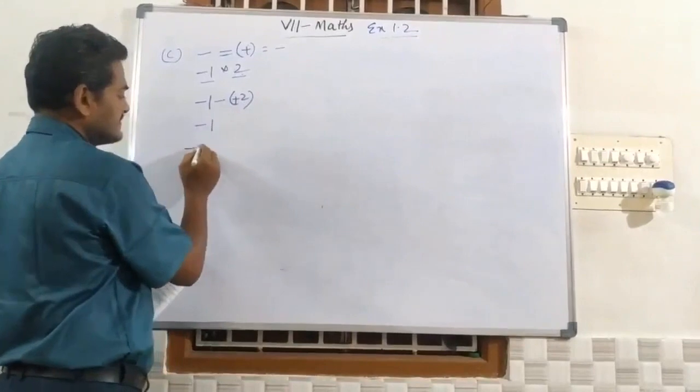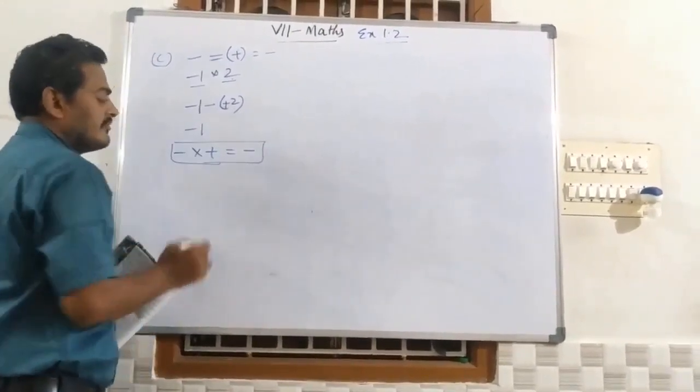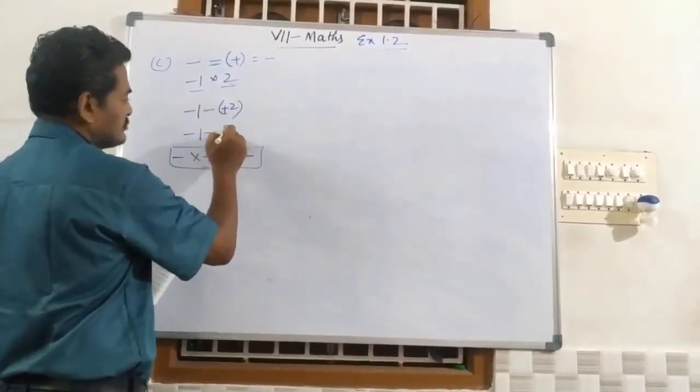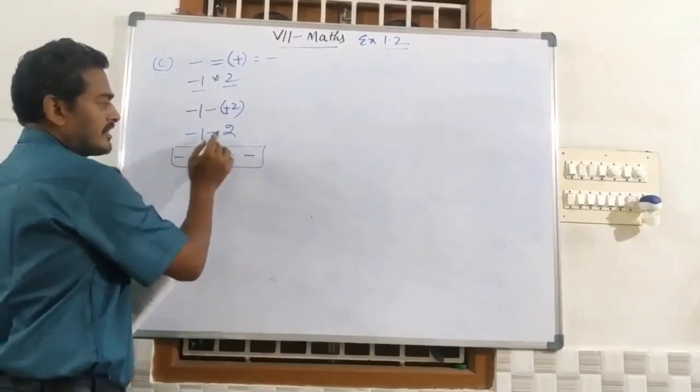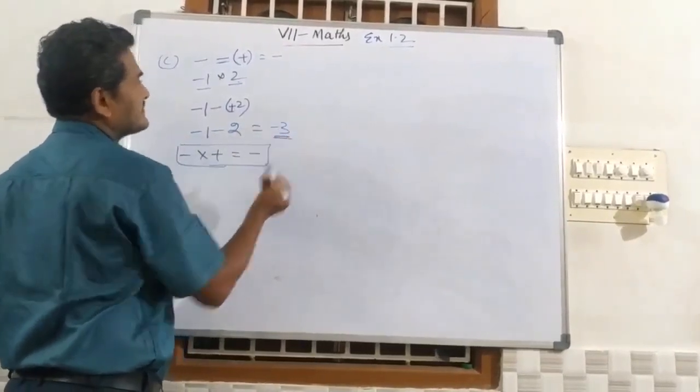So minus into plus equals minus; this is a fundamental rule. So it becomes minus 2. Here both are negative numbers, so 2 plus 1 is 3, and keep the minus: minus 3.